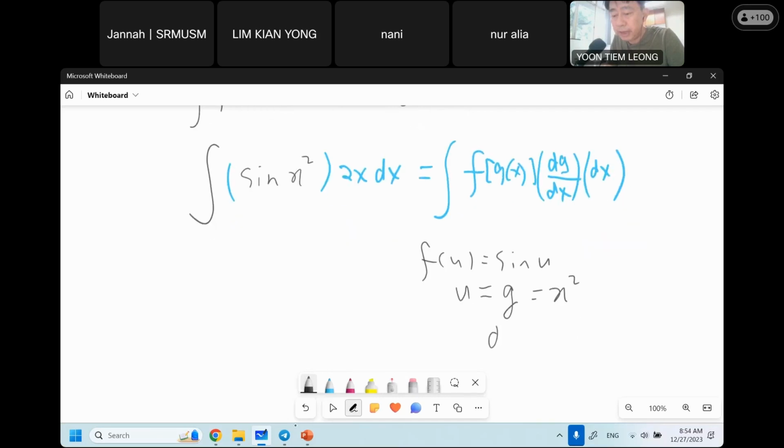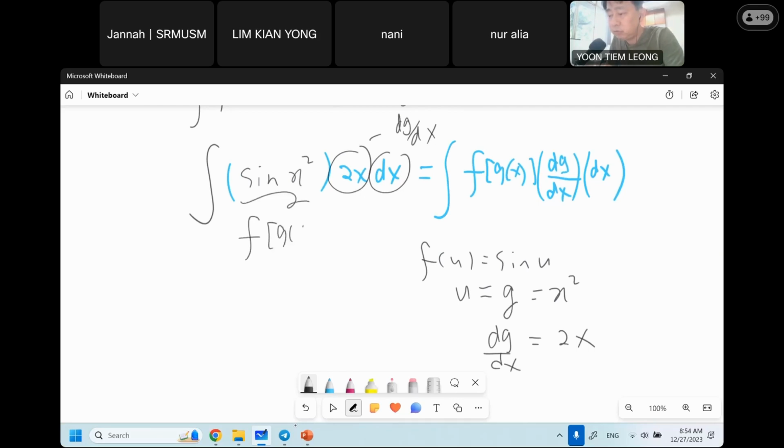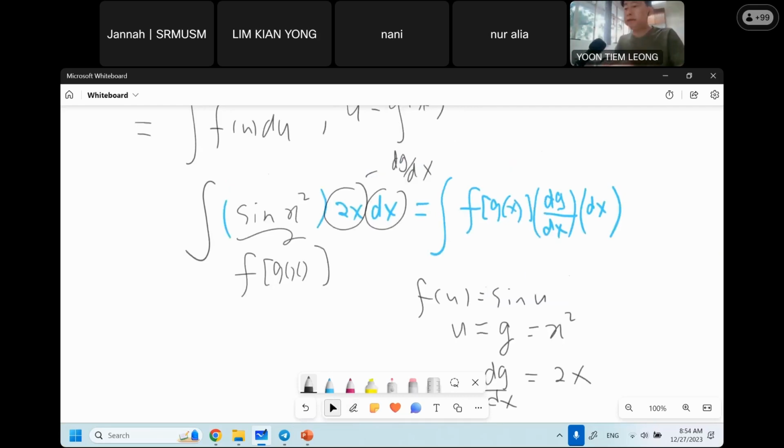Okay, so that dg dx is the same as 2x. So this 2x is just my dg dx, and this is the dx, and this is nothing but just a function of g of x. Okay, so anyway, this is just an example.